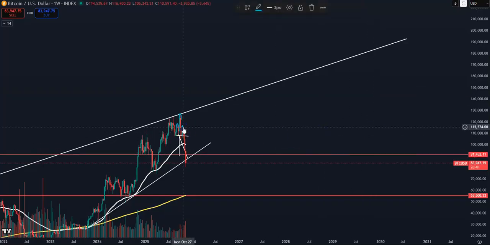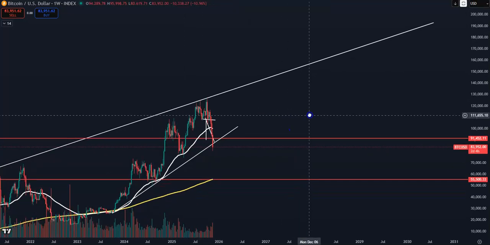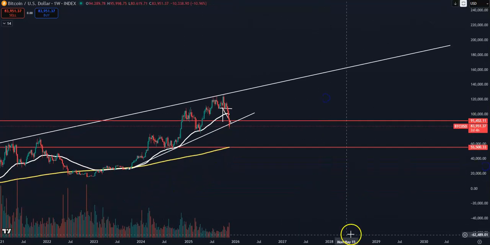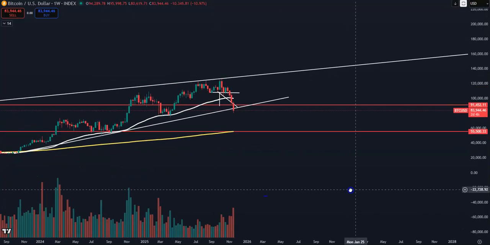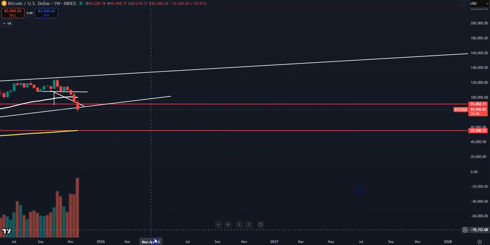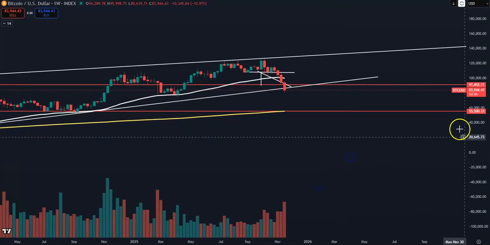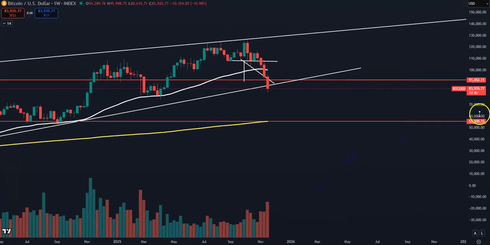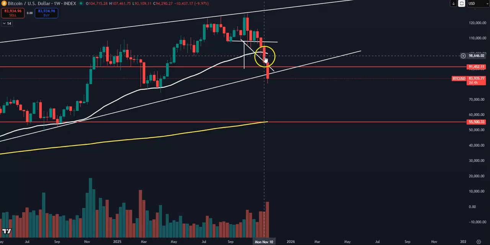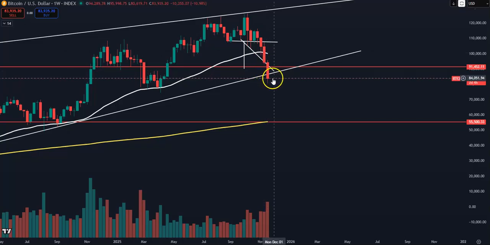And unless I see something different, I am not getting back into the market, not longing into the market. I still will open short and long positions daily, but for the most part, I'm basically waiting for this price to turn around, correct, come back and try to break above the 50, which I don't think it can.